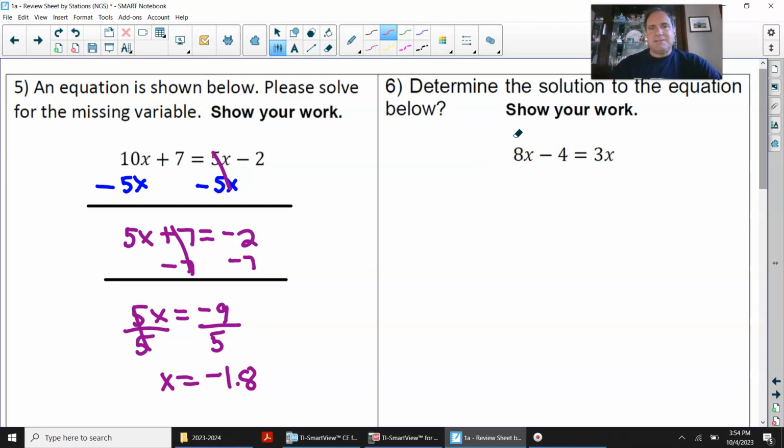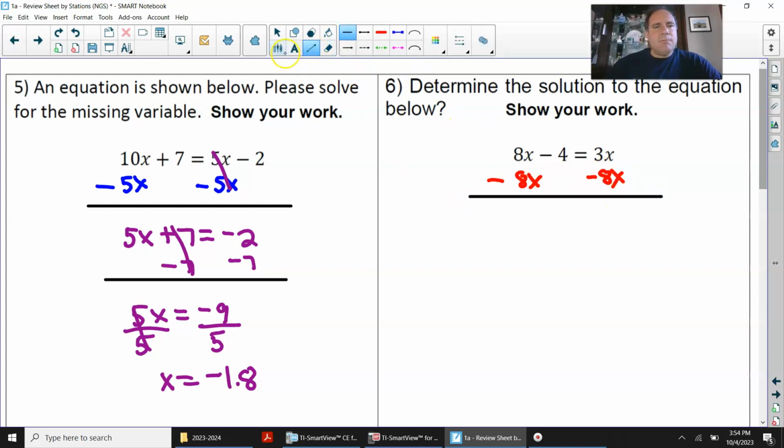But in this case, I'm just going to subtract 8x on both sides, because if I subtract the 8x on both sides, they will be on the same side together of the equal sign. On the right side, you see all x's. On the left side, you see the constants.